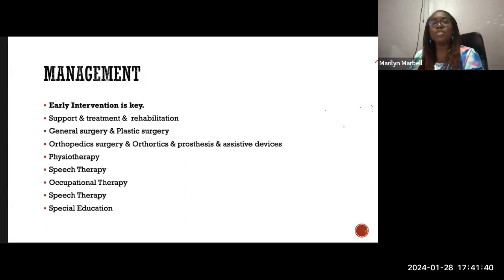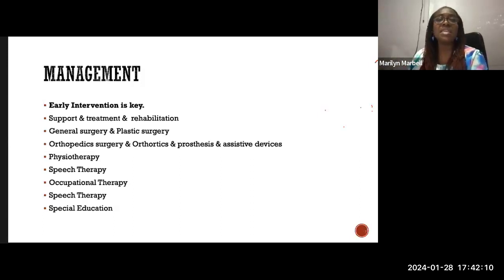For example, let me use the example of hearing loss or hearing impairment. The research shows us that if a baby has hearing impairment, the best time to do something about it so that they get the best outcomes with their language is the first 6 weeks of life. 6 weeks, which means that we should get to know immediately that this baby cannot hear, and then find out why it is that this baby is not hearing.